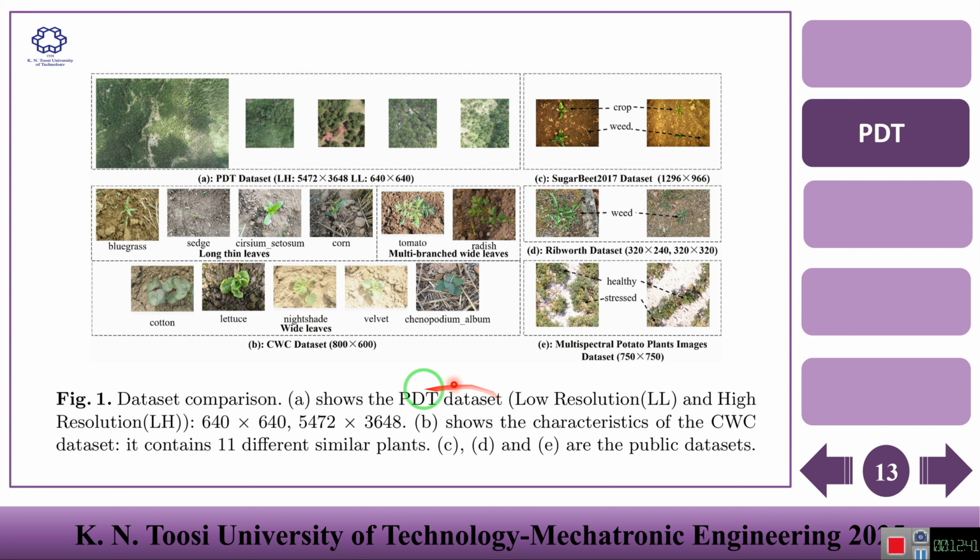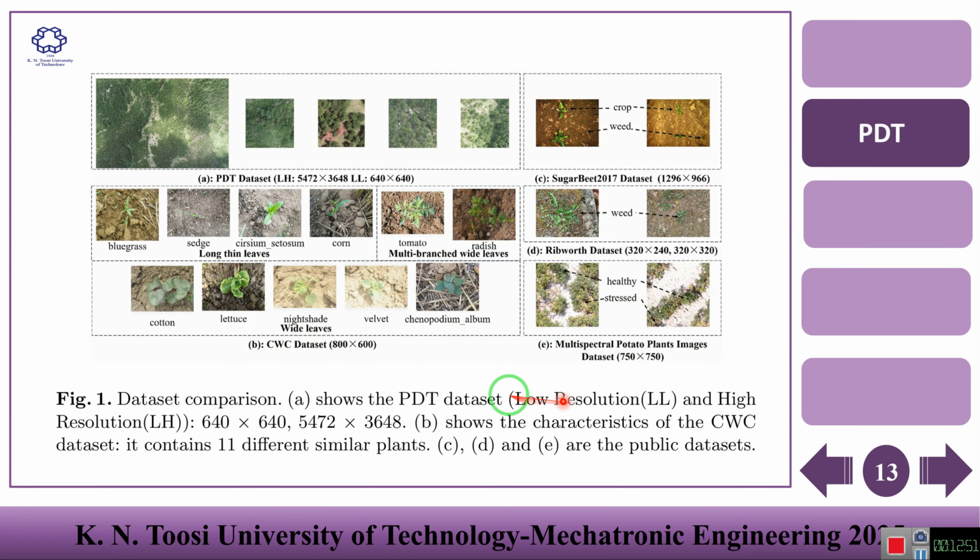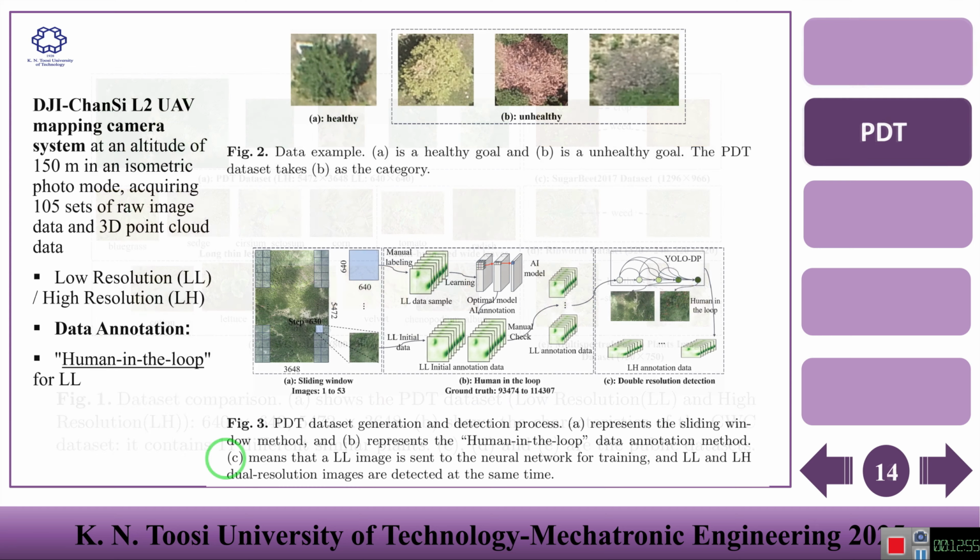One of them is called PDT dataset, while the other one is CWC dataset. And this one is low resolution, while the other one is high resolution.